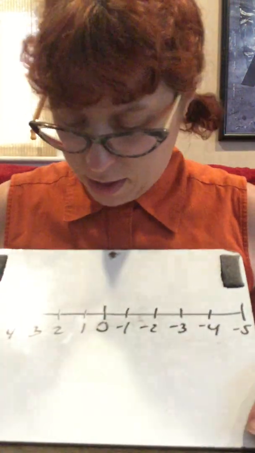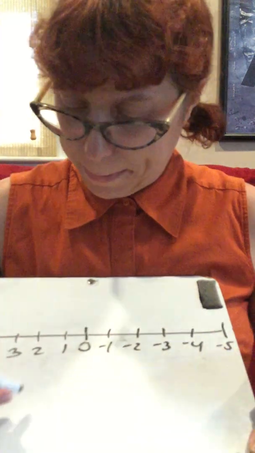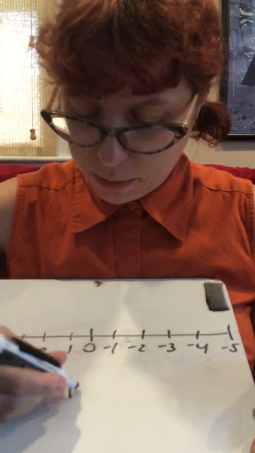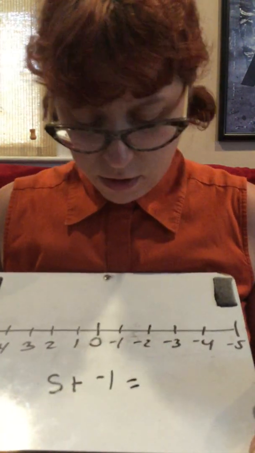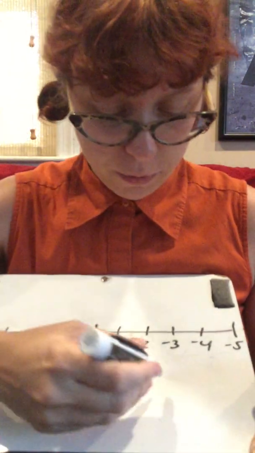Okay, so it helps if I use the right one. Adding a positive and negative, so we're going to say 5 plus -1 equals. So 5, we're going to add -1, but that takes it away. So we count to the left. It would equal 4. Whew, I wrote it right.